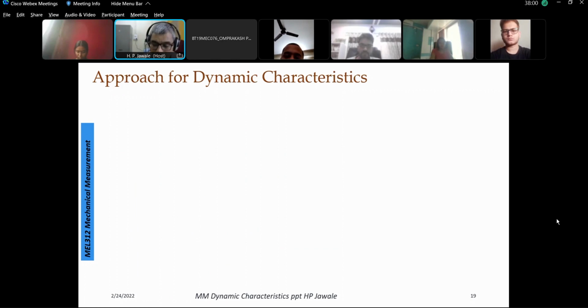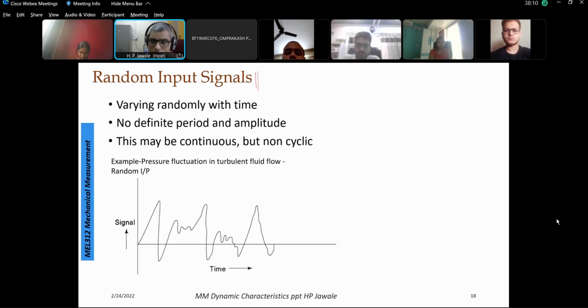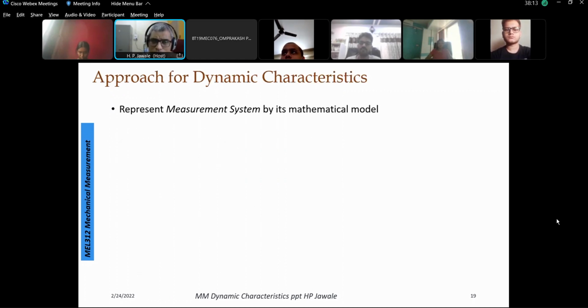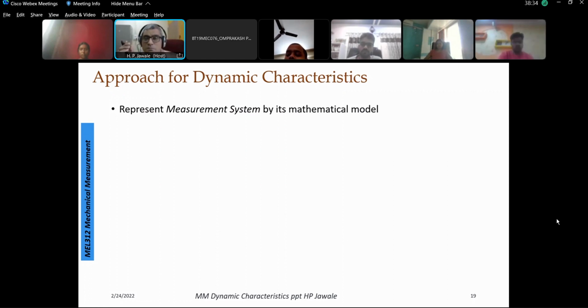Under these kinds of inputs, we should have a standard approach for finding the dynamic characteristics of the system. This approach is that we first represent the measurement system in the form of a mathematical model. We must know the input-output relationship of a particular component, maybe a physical component or a functional component of the measurement system. This is a very standard method to represent the measurement system through a mathematical model.